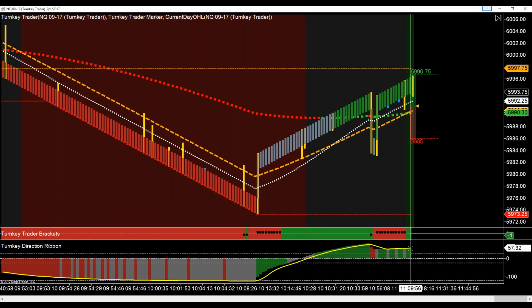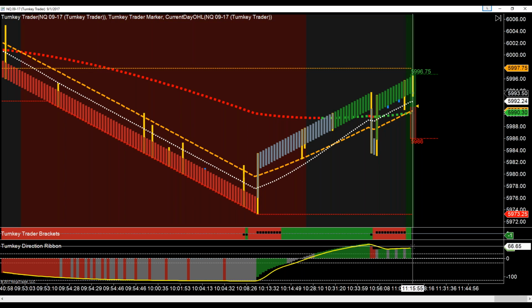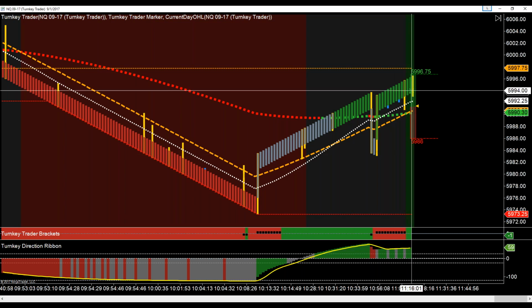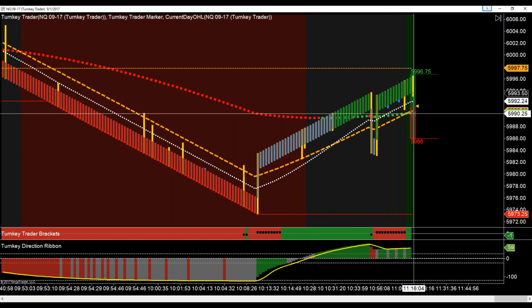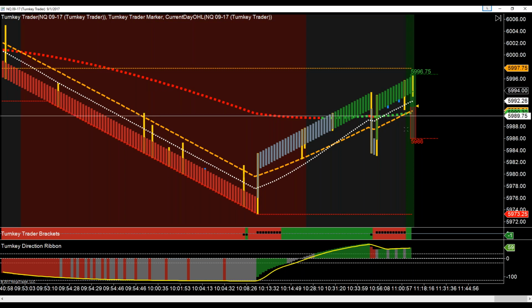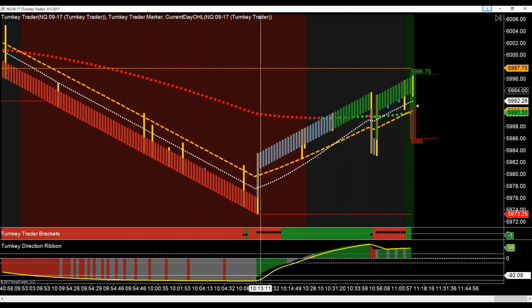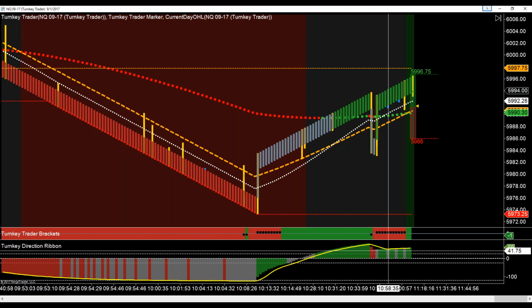So this one is a little questionable to me because we had this little hiccup here. But if we come down, we're likely to bounce off the 200, and that's a really good sign. I really like when the bar comes down and hits the 200 and still remains qualified. So that's a pretty strong sign, which would let me disregard this. I mean, we still did come from an extreme here.